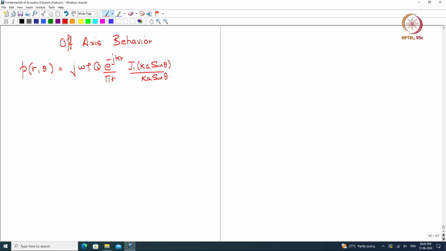Now as k a sin theta approaches 0, this expression approaches the value of half.